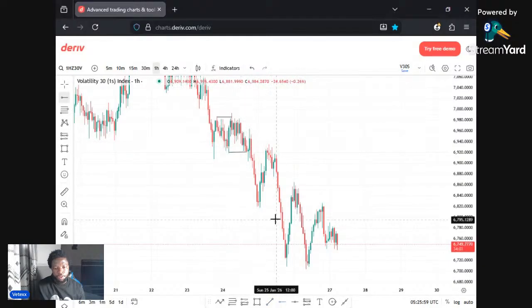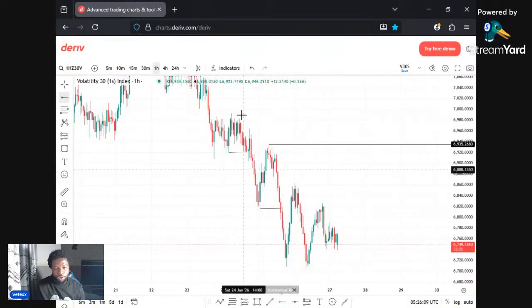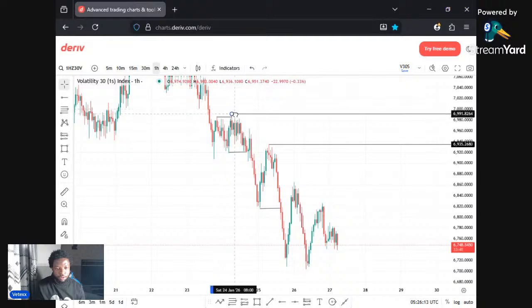We have price retrace 50% to give us structural liquidity here. And then price breaks the newly created low to give us the second break of structure. This here is our protected high. And this zone is our point of interest.